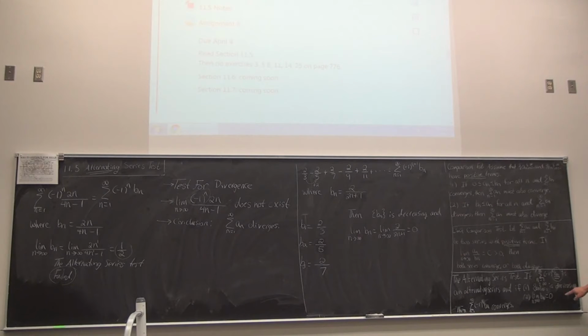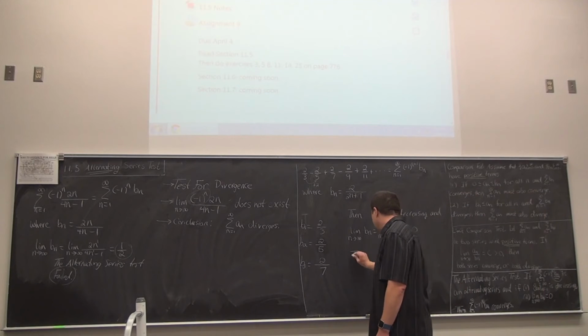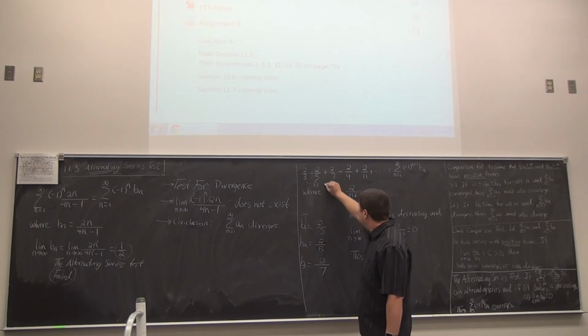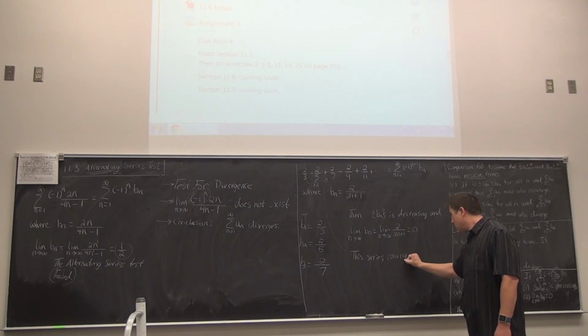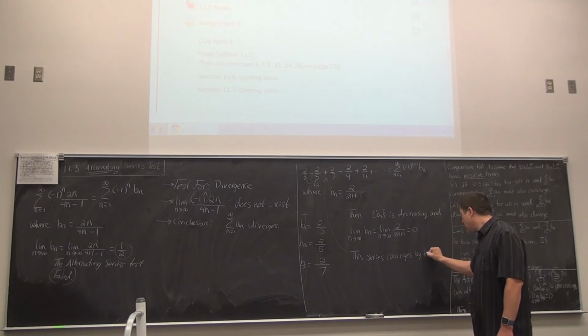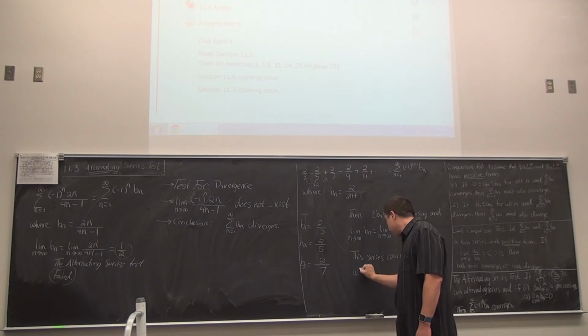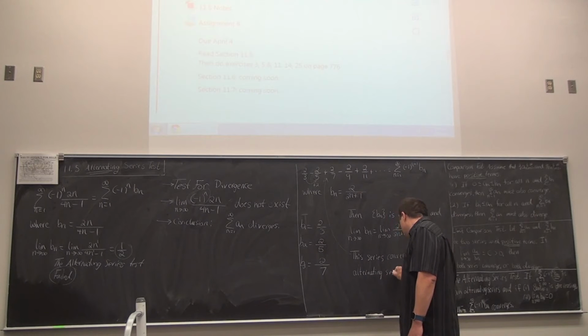So that means conditions 1 and 2 both hold for this series. And there's only one conclusion. If both conditions hold, it must have converged. So let's throw that there. So we can say this series, by this we must be referring to that thing, converges by the alternating series test.